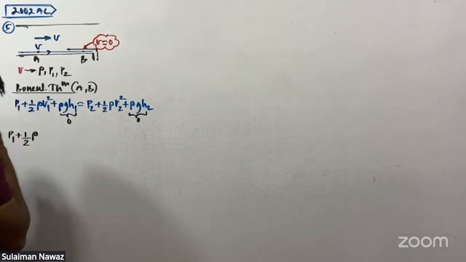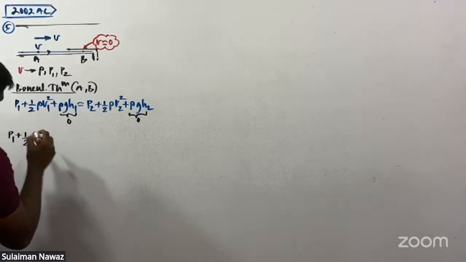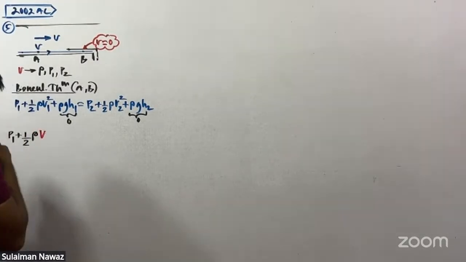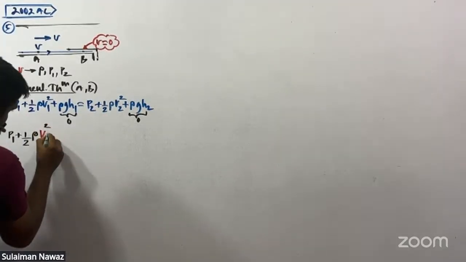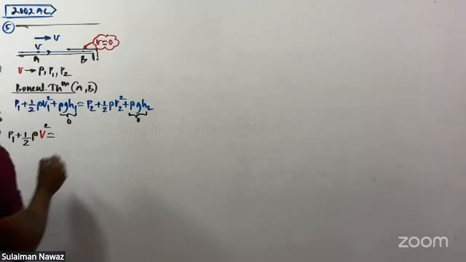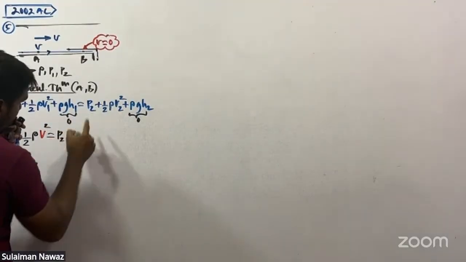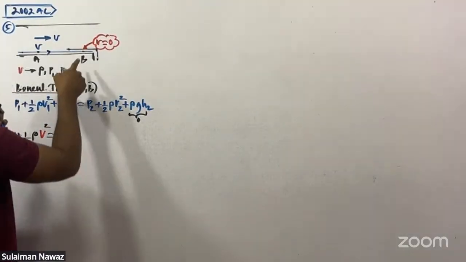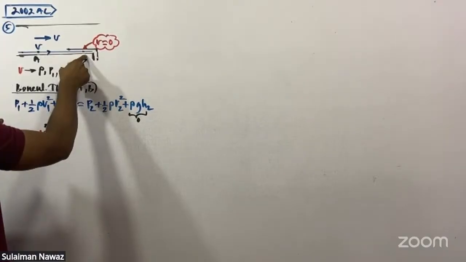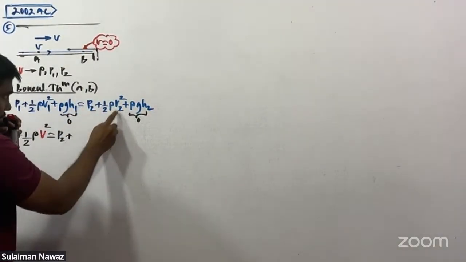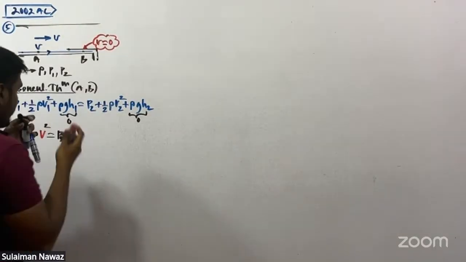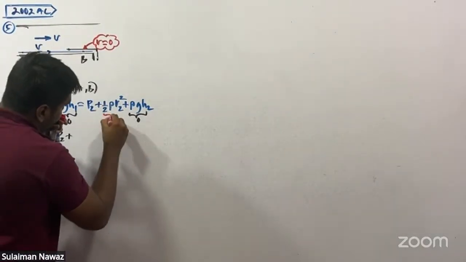I want to find this V only. Half rho V square must be equal to the pressure at point B, P2, plus, as I explained, the velocity at point B is 0. So therefore the half rho V2 square term is also 0.